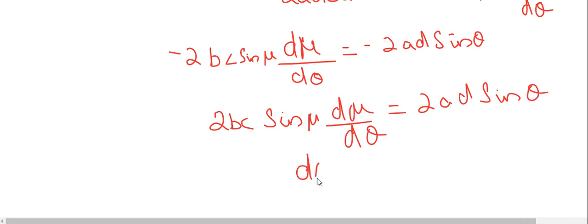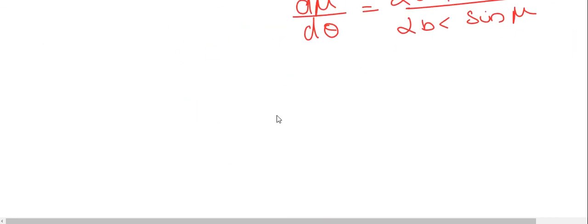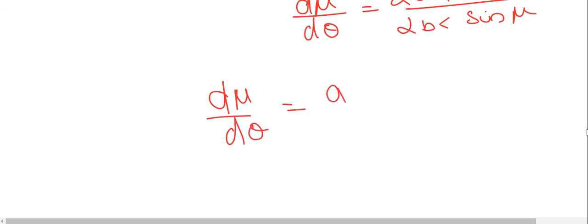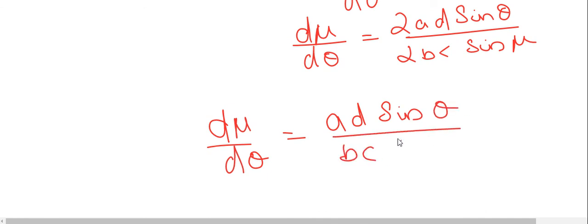Finally you get d mu divided by d theta is equal to 2ad sin theta over 2bc sin mu. The 2 and 2 get cancelled, so finally d mu over d theta is equal to a times d sin theta divided by b times c sin mu.